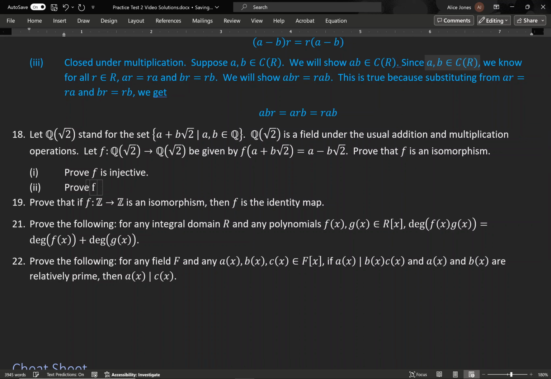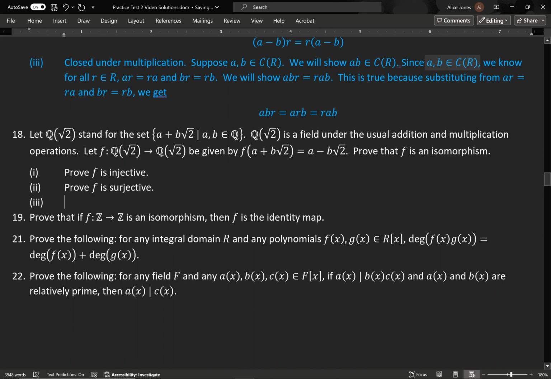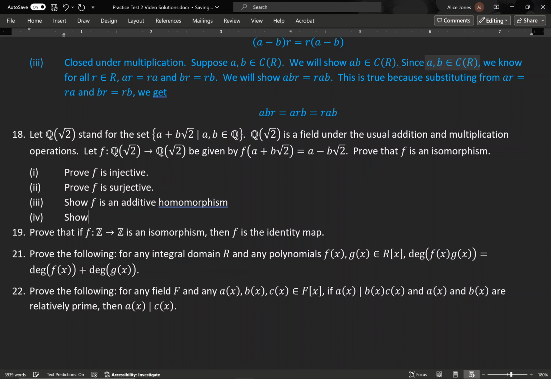Show the additive homomorphism equation, so show F is an additive homomorphism, and show F is a multiplicative homomorphism. Okay, so we're going to do these 4 things.